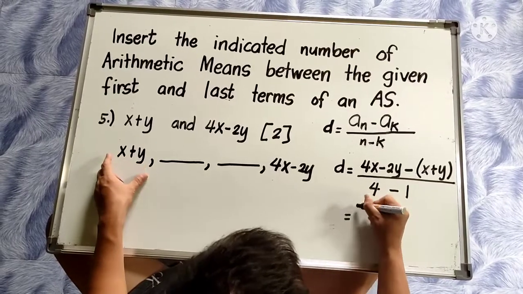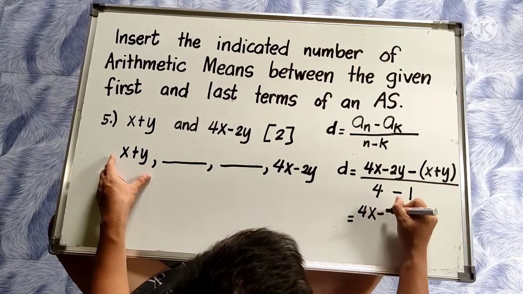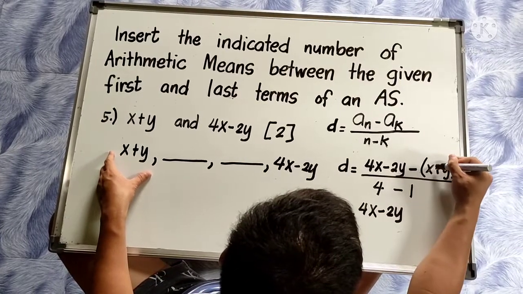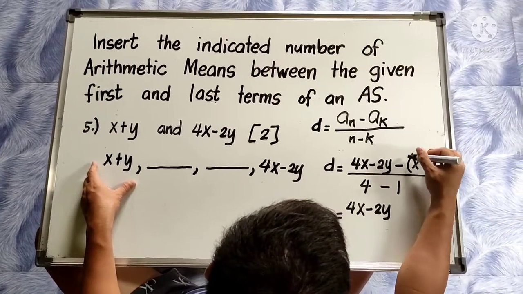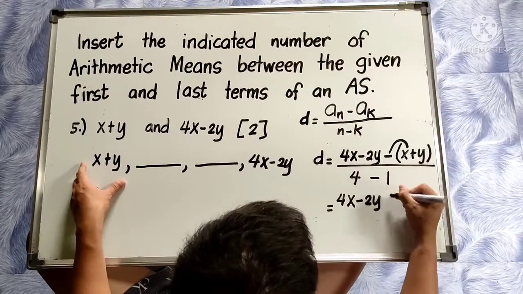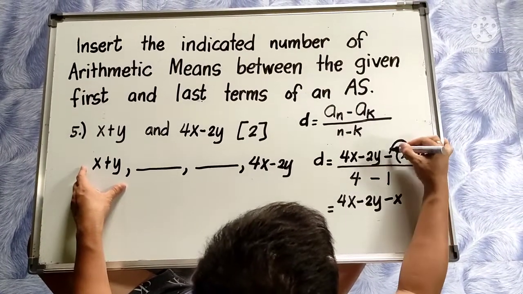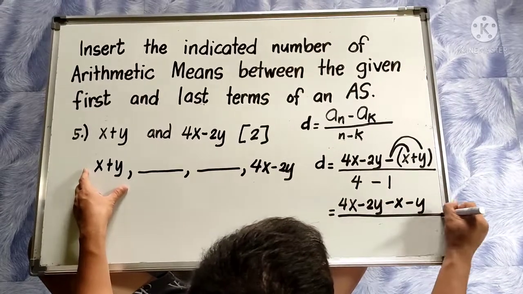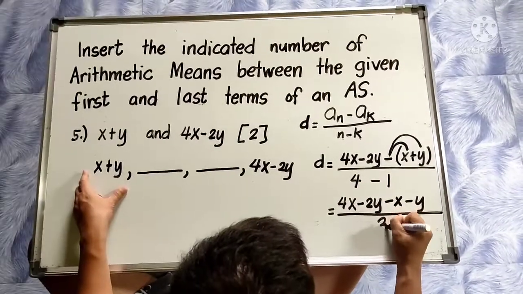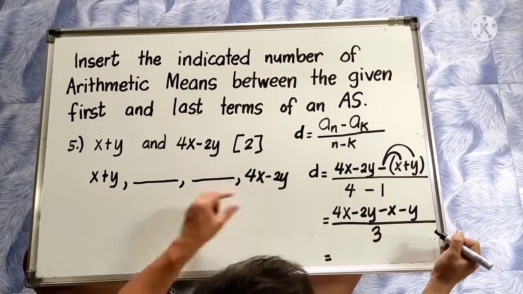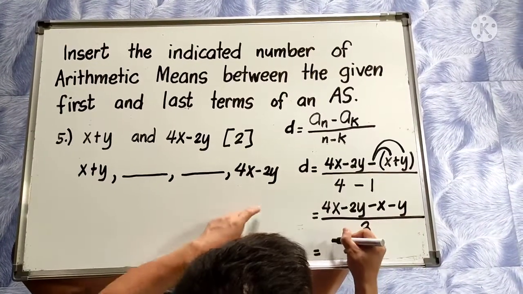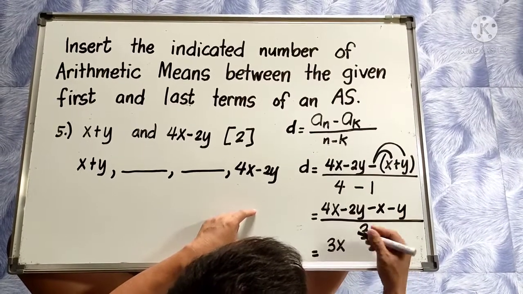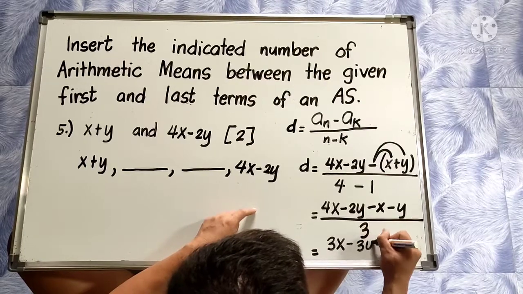You will have 4x minus 2y. The negative sign will be distributed to each term of the binomial. Negative times x is negative x. Negative times y is negative y. Over 4 minus 1 is 3. Simplify. 4x minus x is 3x. Negative 2y minus y is negative 3y.